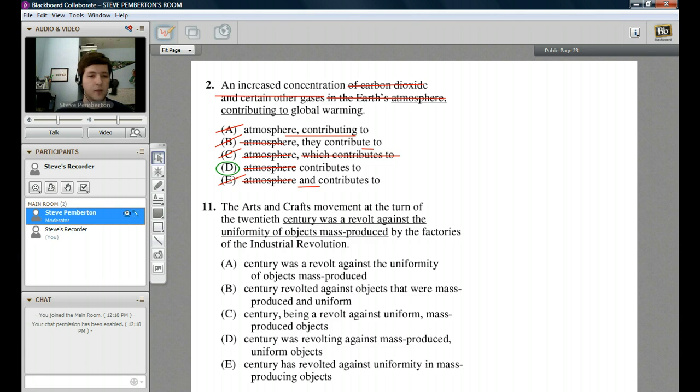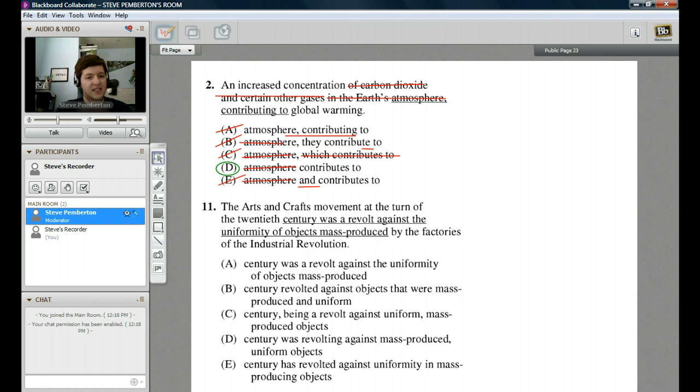Let's look at a few more. Number 11: "The arts and crafts movement at the turn of the 20th century was a revolt against the uniformity of objects mass-produced by the factories of the Industrial Revolution." Okay, it's a long sentence. Let's focus on the beginning, the subject of the sentence: the arts and crafts movement. Now, arts and crafts seems plural because each of the words, arts and crafts, is plural, and they are even joined by the word "and," which normally makes things plural.